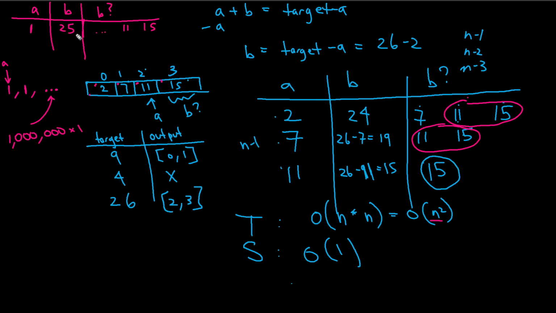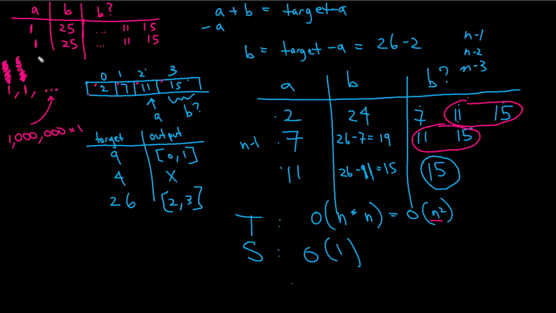And we said, oh, we couldn't find a 25 here, so now we say A is equal to this one, and B is equal to 25. So we need to look for 25 among all these 1 million plus numbers, and then 11 and 15. And then we said, oh, we couldn't find a 25 among these numbers.